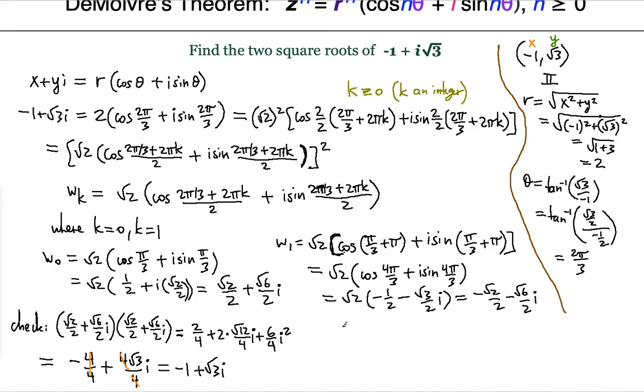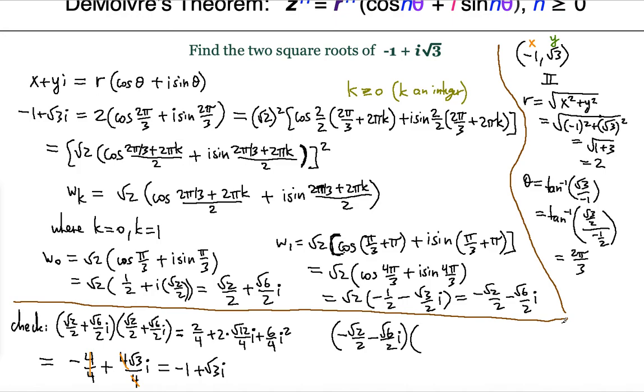Now if we square the second one just for fun, you will get the same thing. Minus radical 2 over 2 minus radical 6 over 2i, multiplied by itself, and this is going to be the checking, so we're going to separate it from the main work. So this is what the products are.